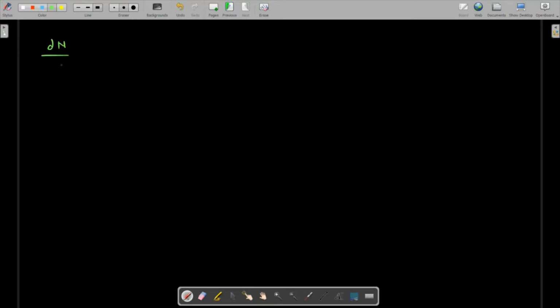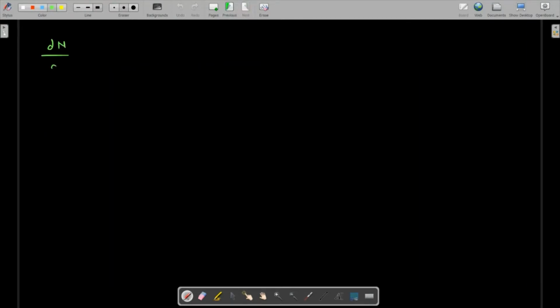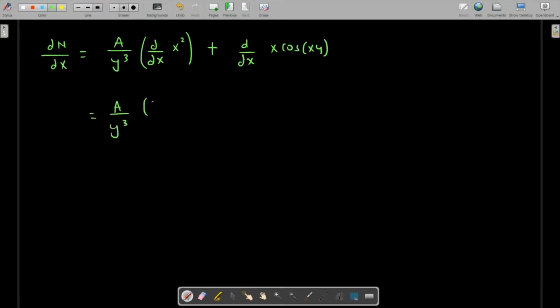Now we're going to do the same activity with N, and we are going to differentiate N with respect to x, treating y as a constant. So that's going to be d over dx of x² times a over y³, plus d over dx of x cos xy. This is going to be 2x times a over y³, plus we are going to use the product rule.